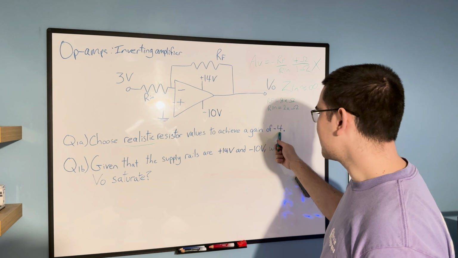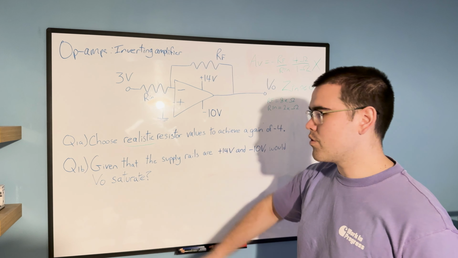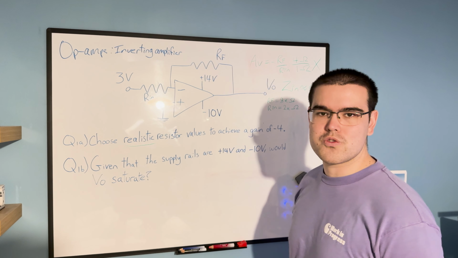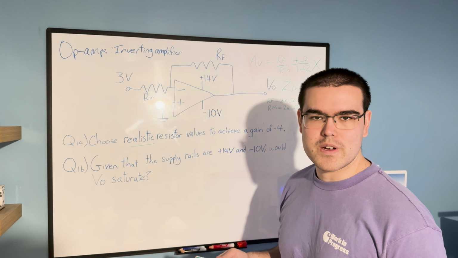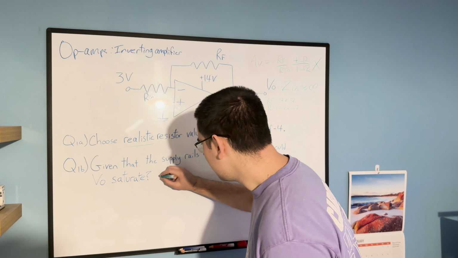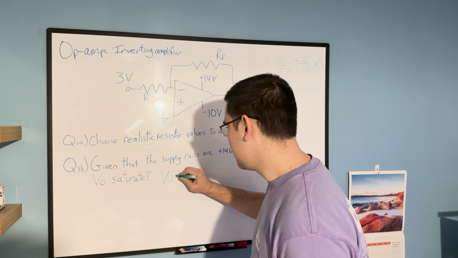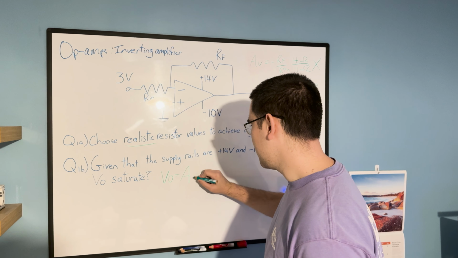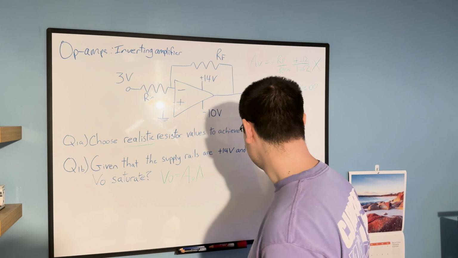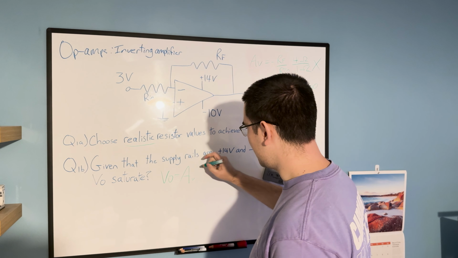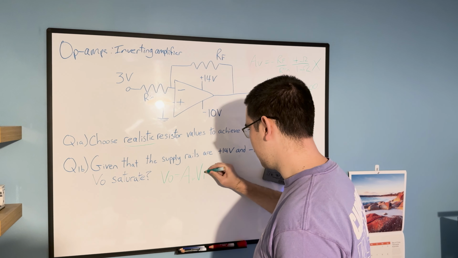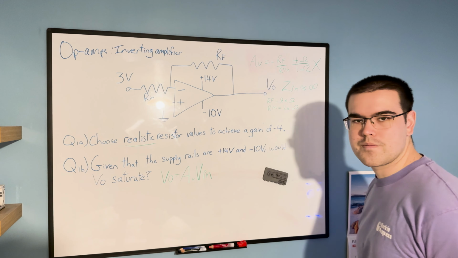So we have a gain of -4 and the input is 3. As you might recall from the straight line equation that we found in the transfer characteristics, VO is equal to AV times V in. Okay?